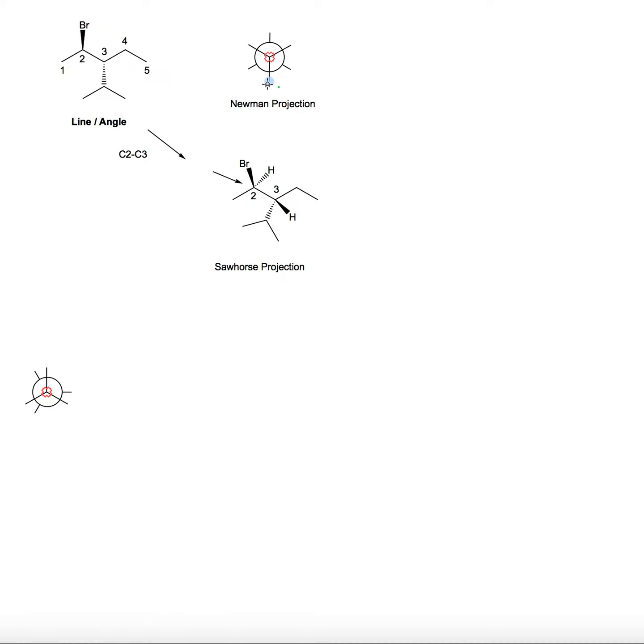So I'm going to write here CH3. To my right, I have the bromine atom, so bromine must be here. And to the left, standing from here, we'll have hydrogen. So that will be the front carbon.